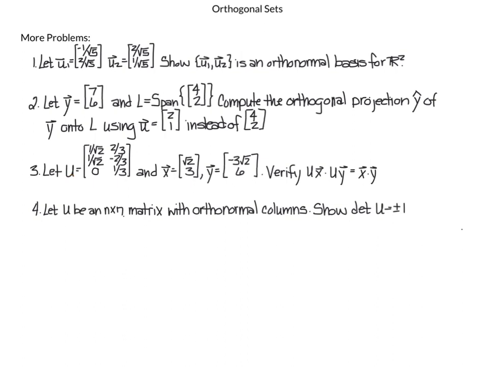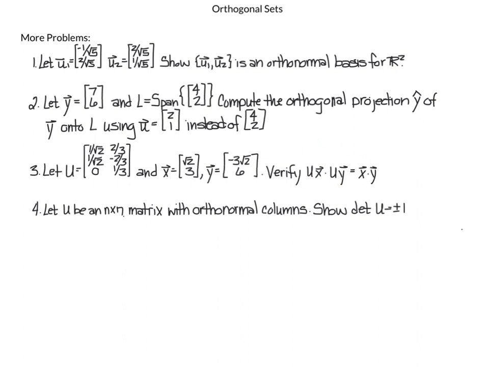The third problem is, and we've seen this matrix before too, let U equal the 3 by 2 matrix where the first column vector is equal to 1 over square root of 2, 1 over square root of 2, 0, and the second column vector is equal to 2 over 3, minus 2 over 3, and 1 over 3. Our first vector x is equal to square root of 2, 3, and our vector y is equal to minus 3 square root of 2, 6.